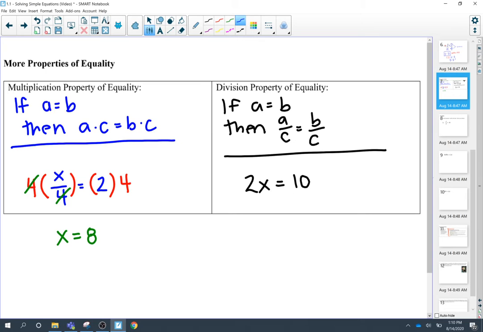So this is really 2 times x. So if you want to get the x by itself, the opposite of multiplication would be division. So we're going to divide by 2. These two are going to cancel. X equals 10 divided by 2 is 5. 5 would be your solution, but the dividing by 2 is your division property of equality.